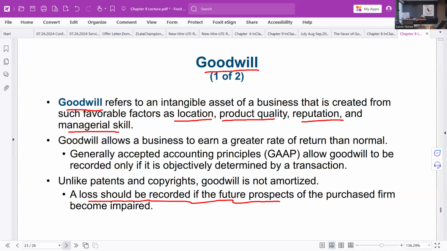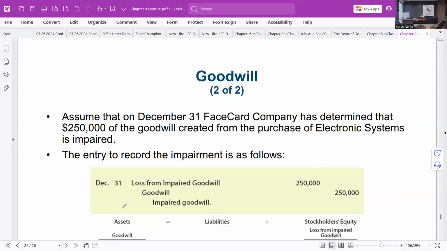So that's all we do with goodwill: if there's a loss, then we would recognize it. And the only way to determine that is to have a professional company come in and try to determine the value of your goodwill and compare that to whatever it is you have recorded on your books. And if there's a difference, well, then we would recognize it as a loss.